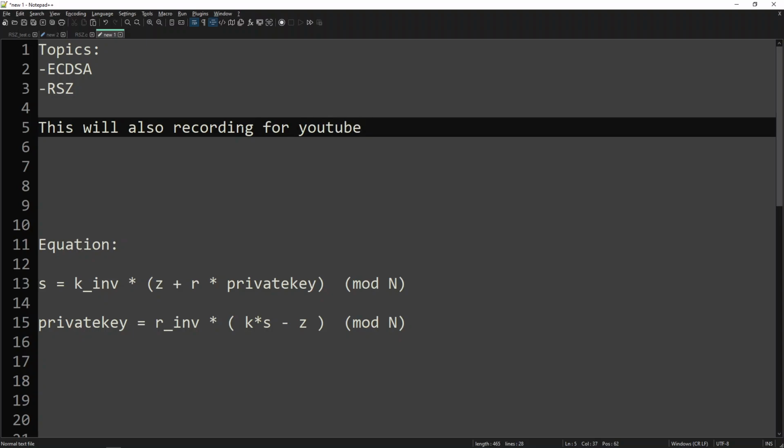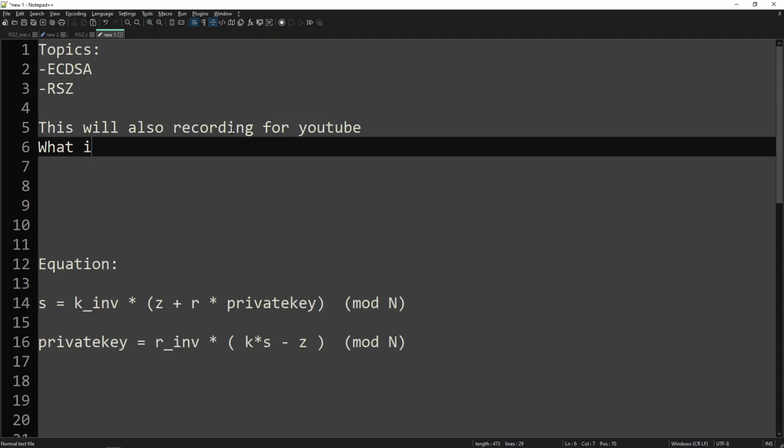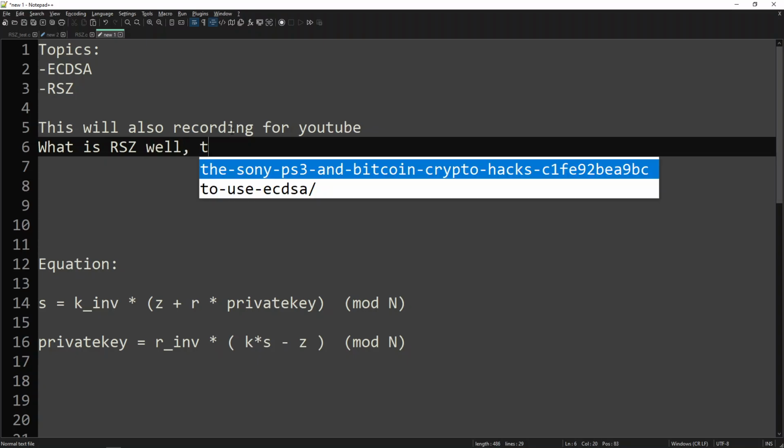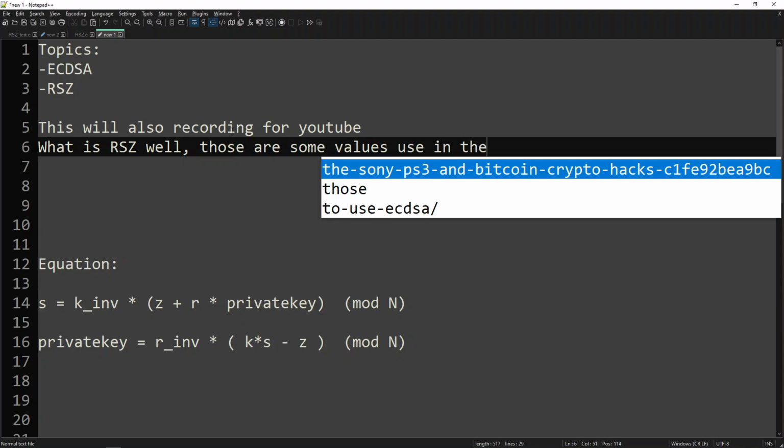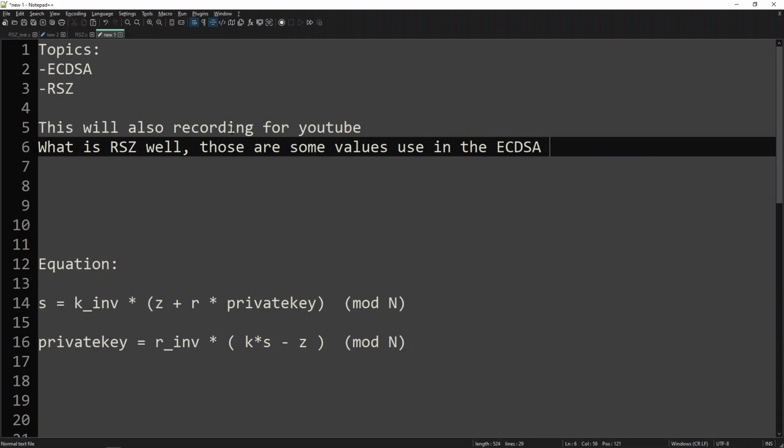Anyway, so what is RSZ? Well, those are values used in the ECDSA process.